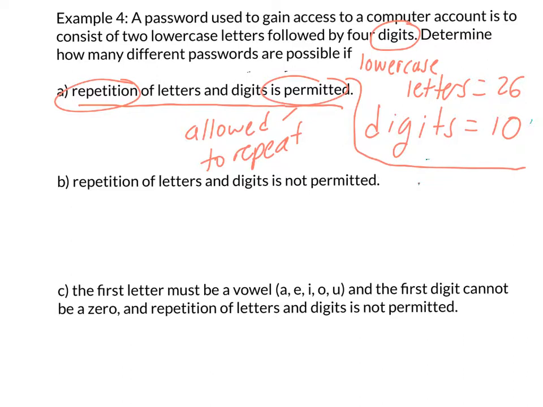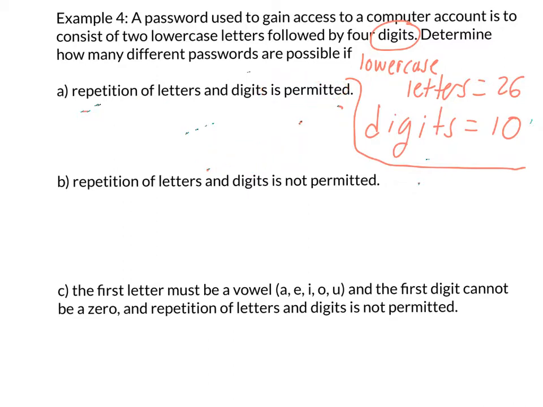If I want to use the digit 3 all 4 times, that's fine too. So you're allowed to repeat is what that repetition is permitted means. So keeping that in mind, it says how many. It's a counting question, so we are going to multiply.